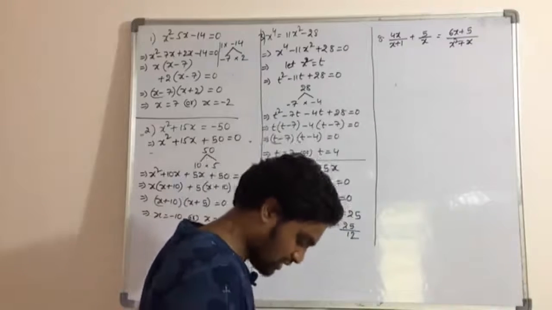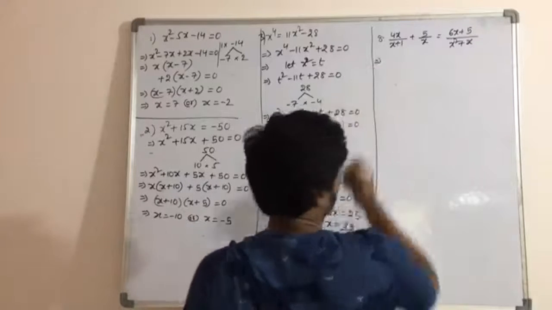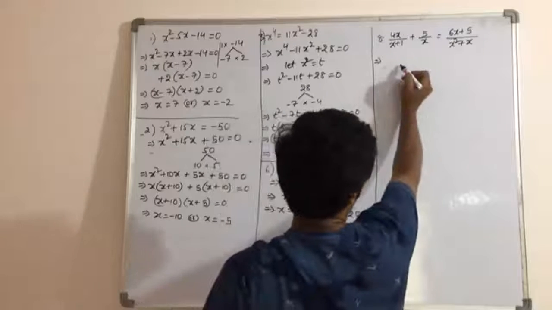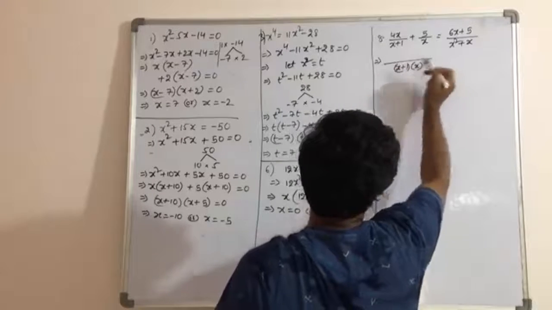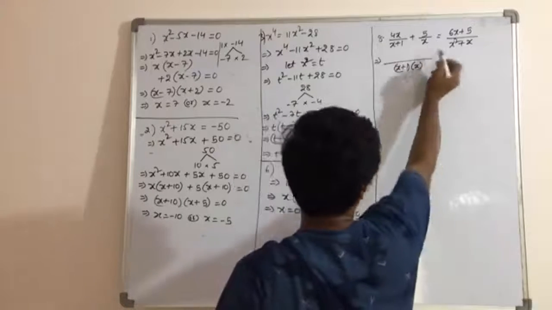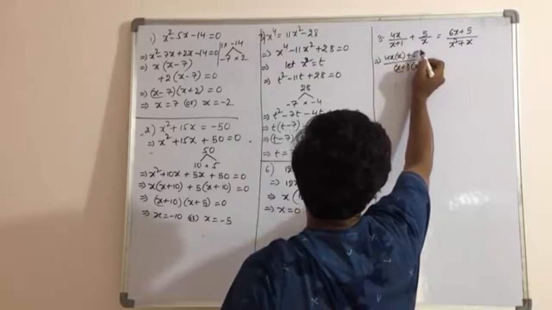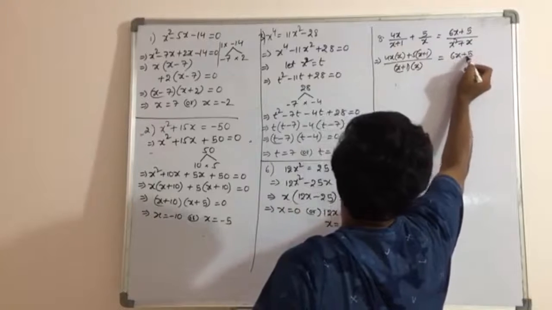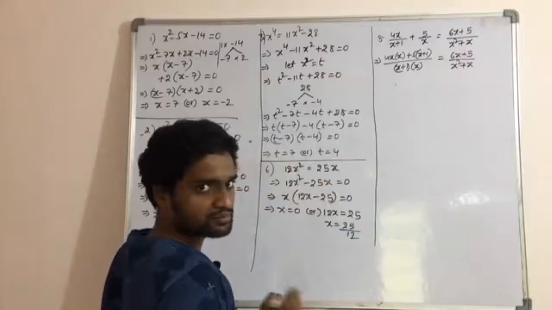Okay. So now in the LHS, what should we do? Take LCM. Is there anything else we can do? No. So take LCM. What will be the LCM? x plus 1 into x is the LCM. Now cross multiplication. 4x into x plus 5 into x plus 1 is equal to 6x plus 5 by x square plus x.